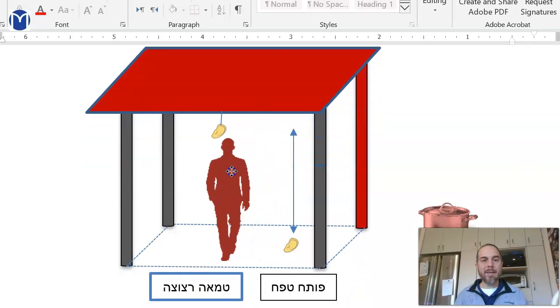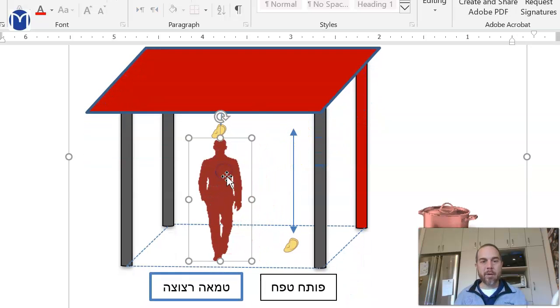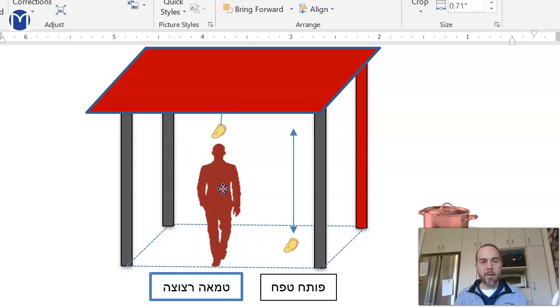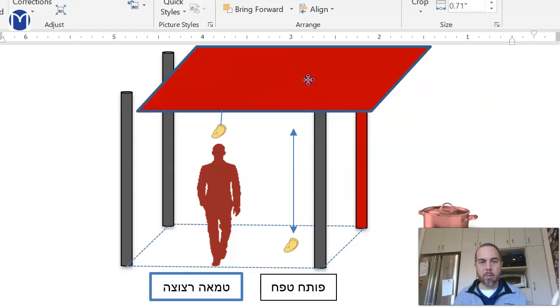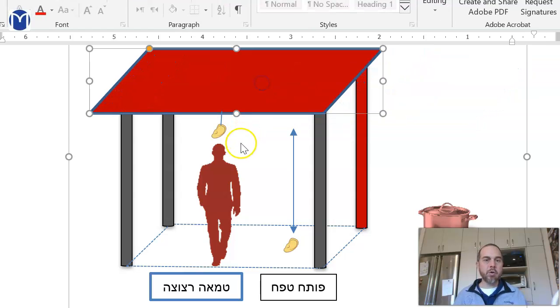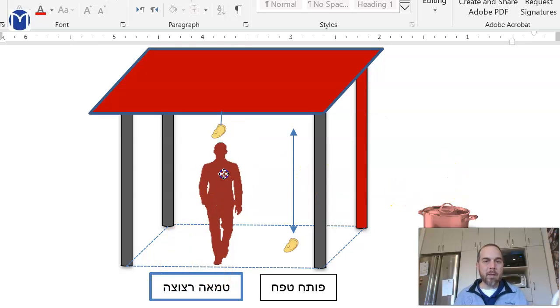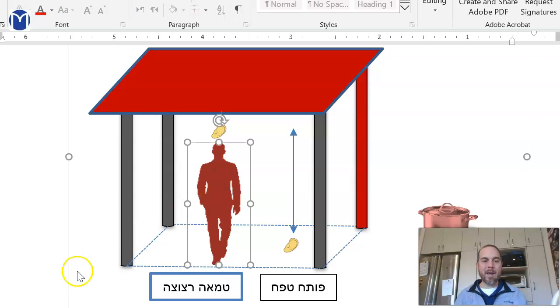And then there's something, let's say, for example, this guy's under this ear. He's mamash literally under the ear. Okay, he's under it, and they're out in the open. They're not in an enclosure. Okay, they're not in the same enclosure. That's called tumah ritzutza. Tumah ritzutza means there's less than a poteach tefach.